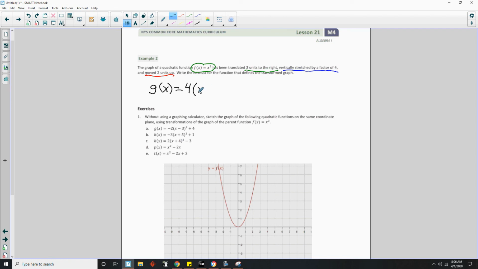Parentheses, x. 3 units to the right, left-right is opposite in the parentheses, so it would look like x minus 3 quantity squared, and a vertical stretch by a factor of 4. So that's this, and move 2 units up. Up is plus. So it's g of x equals 4 times x minus 3 quantity squared plus 2.